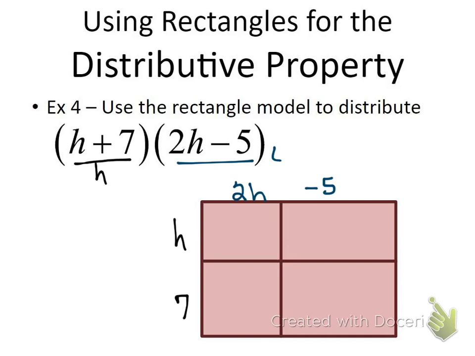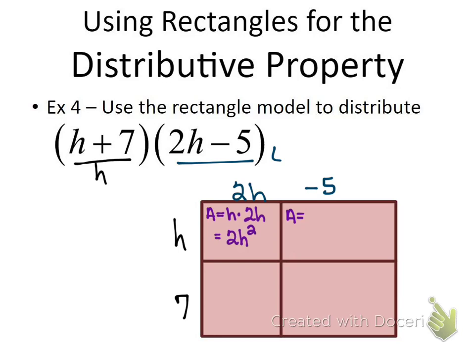2H squared. Okay, so you got area equals your height was H times 2H, and you got 2H squared. Good. All right. Ben, top right.